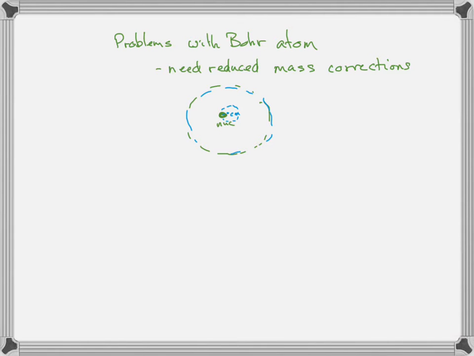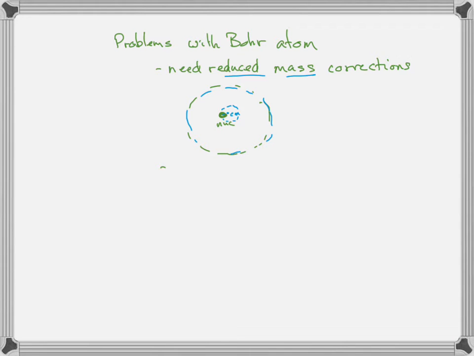And the correction in the model requires what's called a reduced mass correction. You can correct that by effectively reducing the mass of the electron. We'll go over that in a little bit of detail, because in actuality, in the classical model, the nucleus moves.